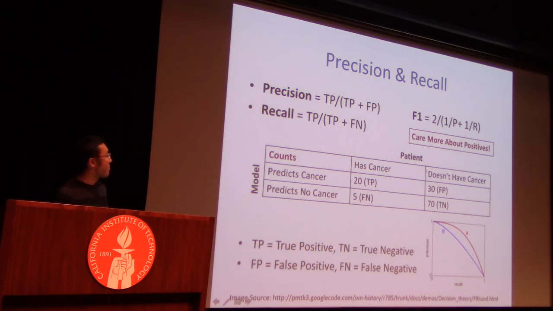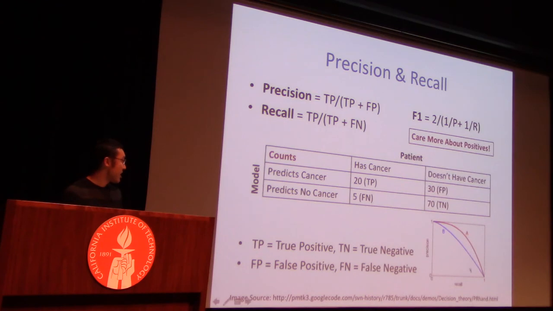Of all the positives in the test set or the validation set or whatever we're evaluating over, what fraction did we actually predict as positive? And so we can compute a precision recall curve. One way to compute these curves is to train a model and vary my B, my threshold for predicting positive or negative, and I get these curves.